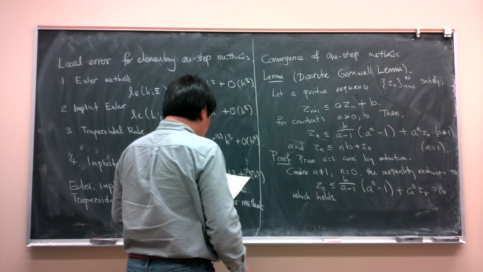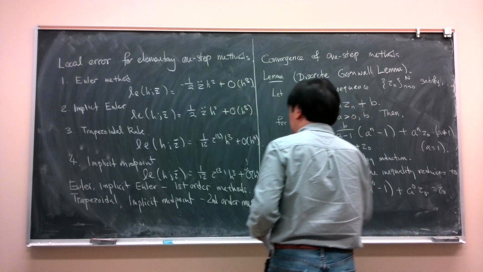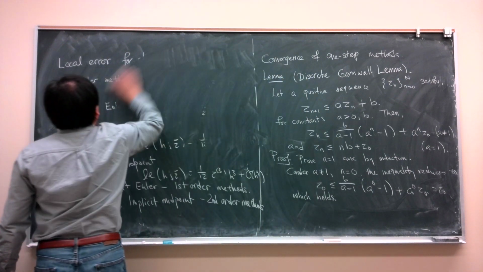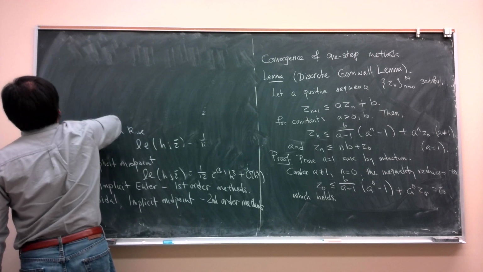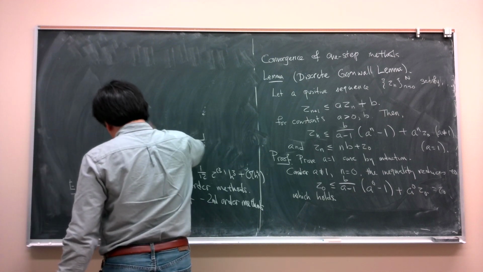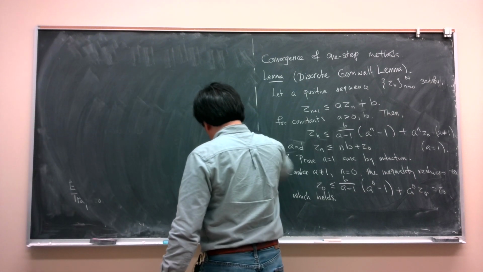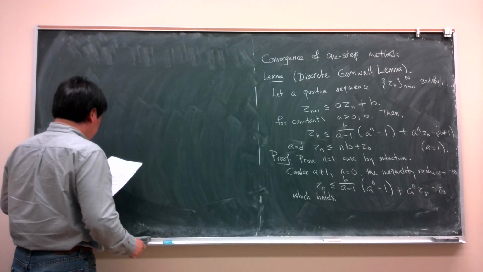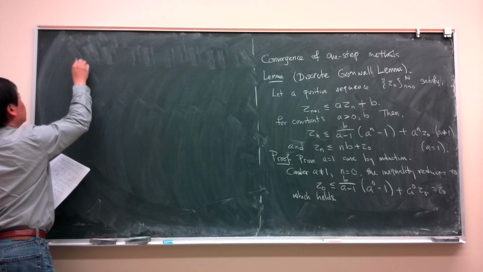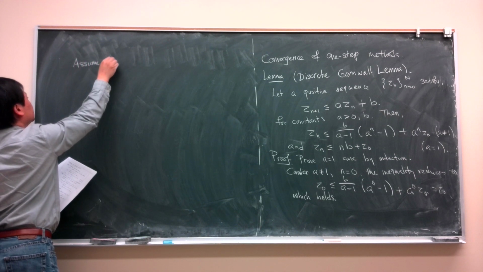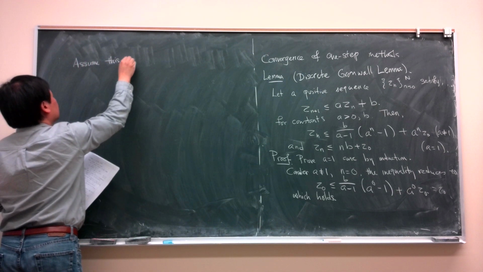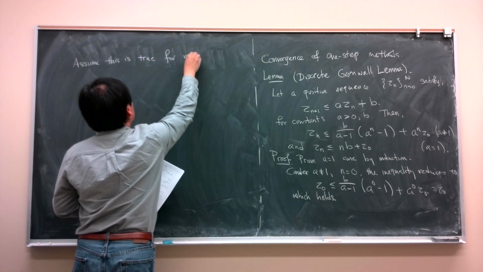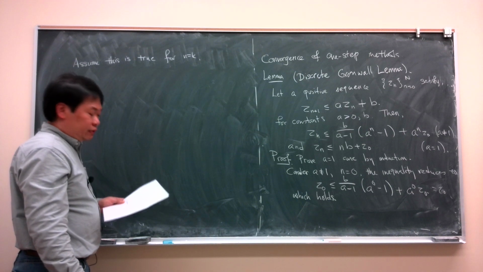So let's then do the inductive step. You assume this is true for n equals k, and then you want to show that it's true for n equals k plus 1.